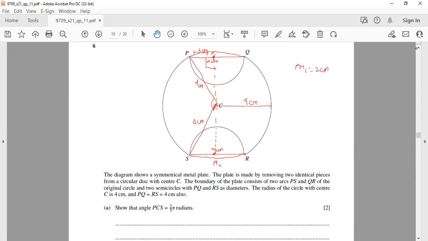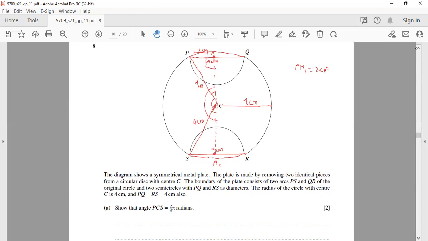And we have a right angle triangle, so we can find angle PCM1. Angle PCM1 will be equal to angle SCM2. And this whole angle is pi radian.